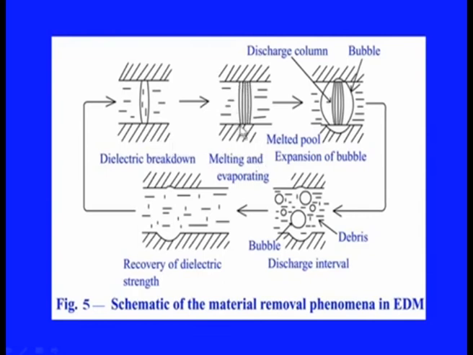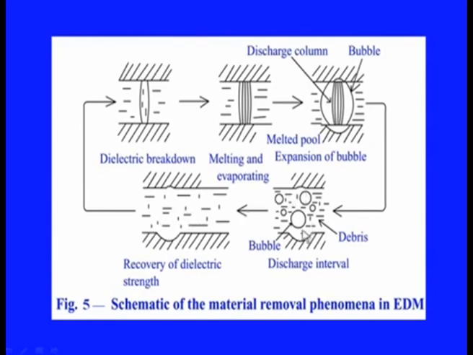Then that column increases, the discharge starts, bubble formation takes place, the pressure difference takes place and the bubbles collapse because of the pressure difference and it erodes the work material, creating the debris in the dielectric, and this debris will be flown away by the flowing dielectric fluid.